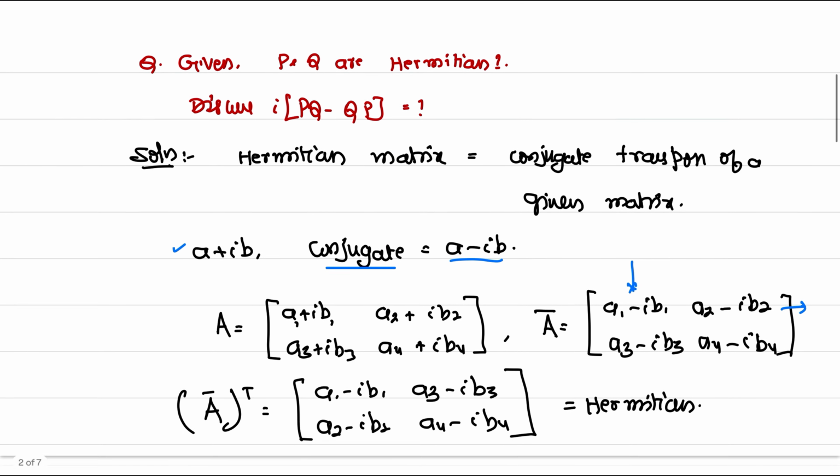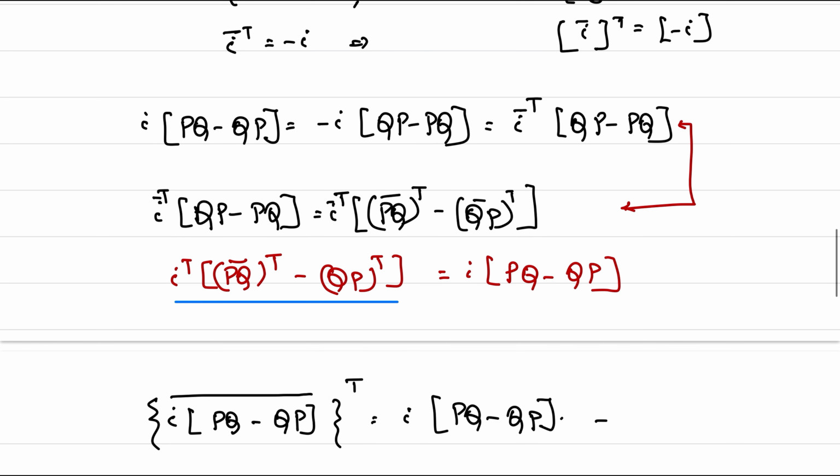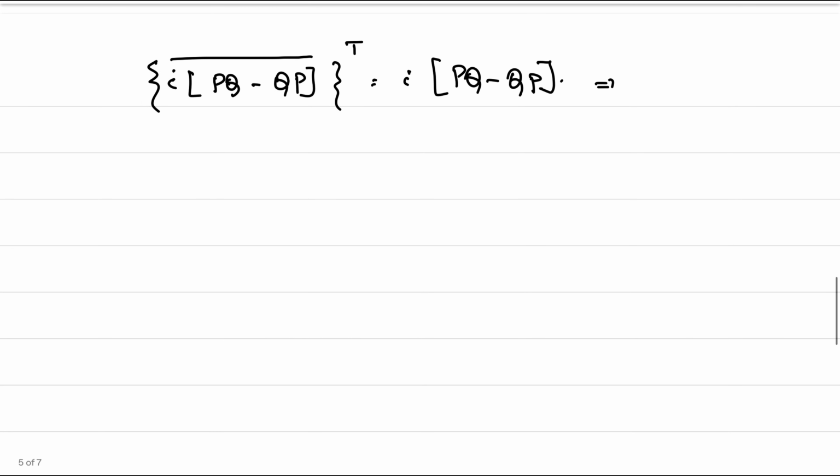That means I into PQ minus QP is a Hermitian matrix.